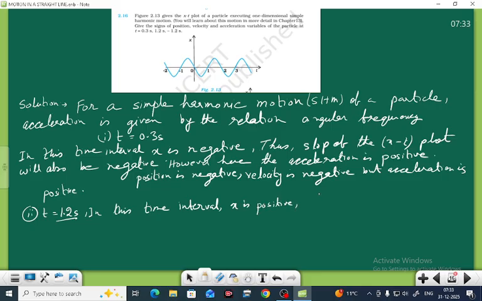So the slope of the x-t plot will also be positive.